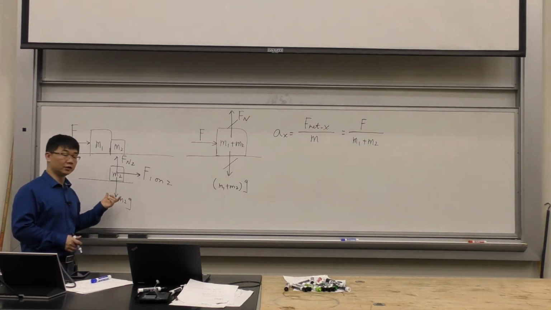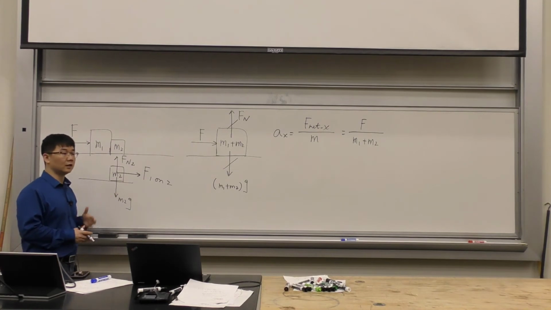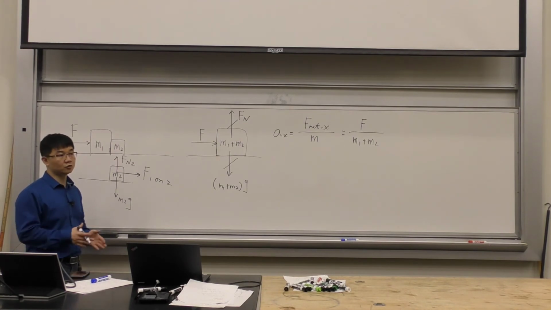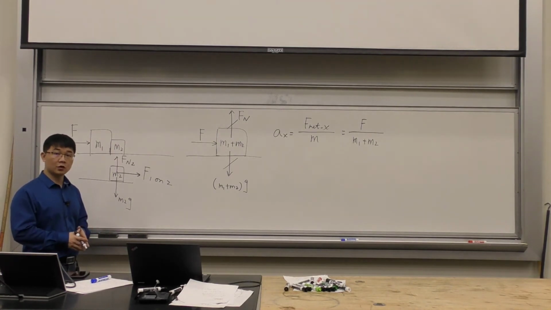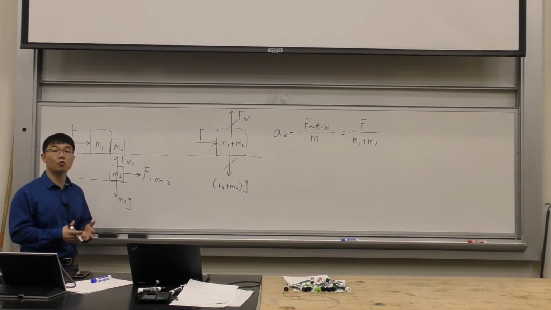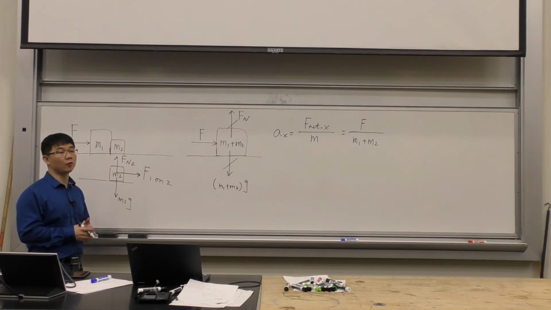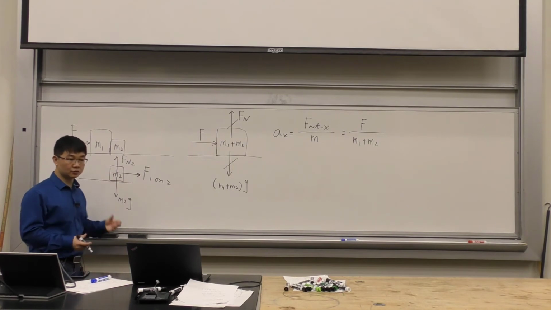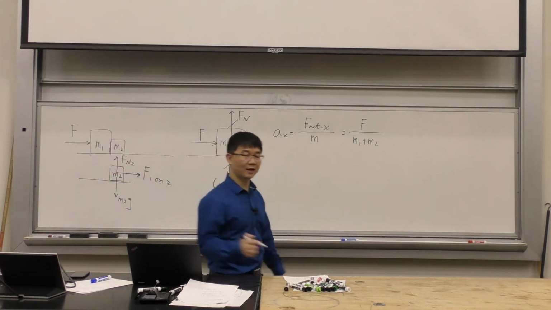If you're M2, you only feel that M1 is pushing you. M2 doesn't know what is pushing M1. M2 is only in direct contact with M1. It only feels the force from M1. Whatever is happening on M1, M2 doesn't need to know.